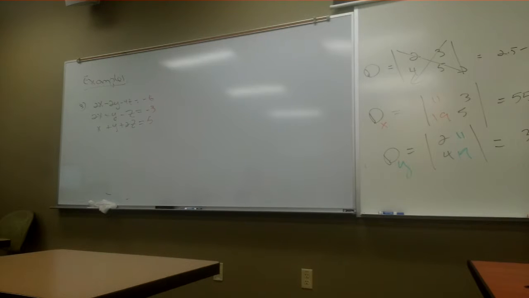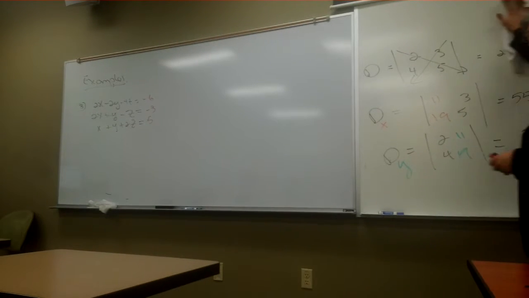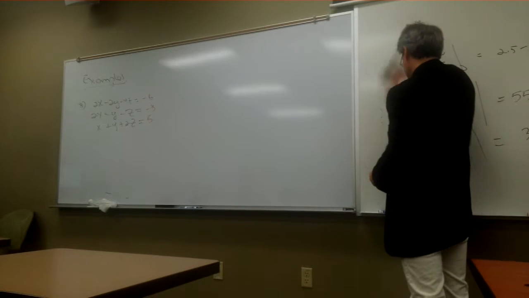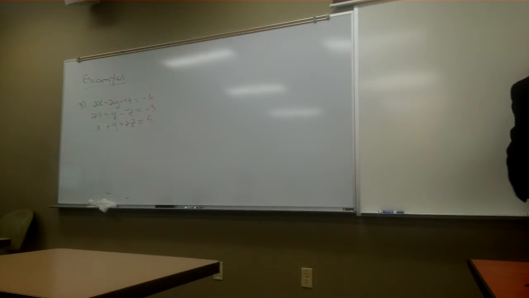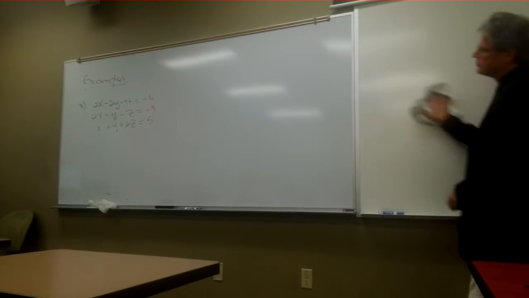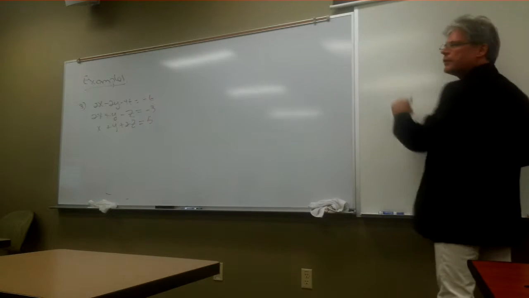So Cramer's rule, I'm afraid, becomes a bit more complex because I'm going to have a 3x3 system now to deal with. I think my coefficient matrix, I said matrix, didn't I? My apologies.